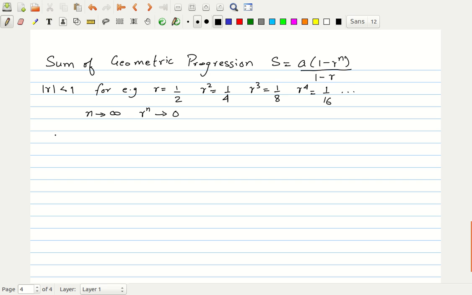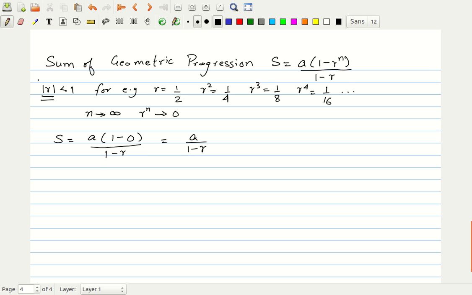So in that case, what we can say is, if there are infinite number of terms in a geometric progression, but the absolute value of the common ratio is less than 1, then the sum can be given by a times 1 minus r to the power n, which will actually become 0, divided by 1 minus r, which is a divided by 1 minus r.